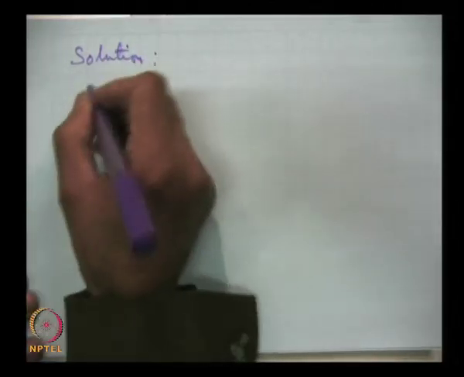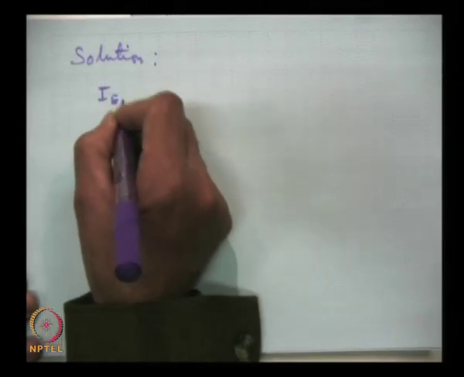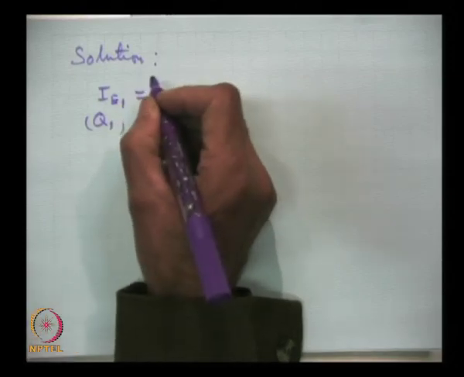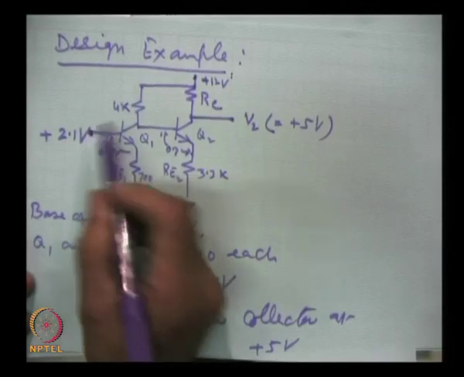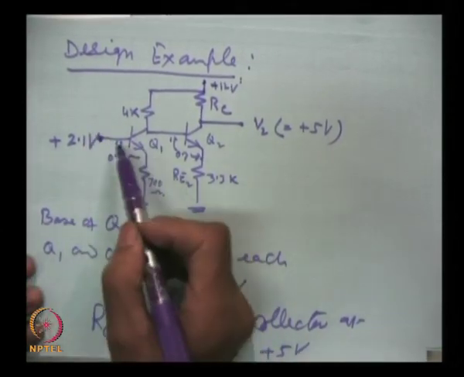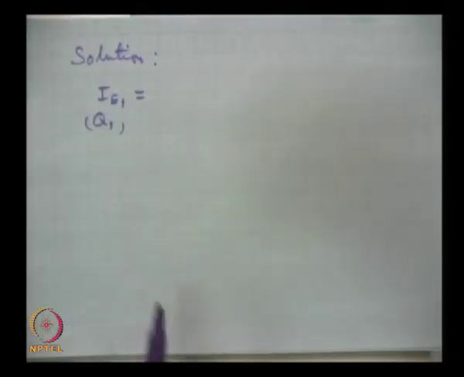the emitter current in Q1. So, IE1 for Q1, this you know now what we have done earlier in our earlier module, how to calculate this voltage minus this divided by this will give you the IE.